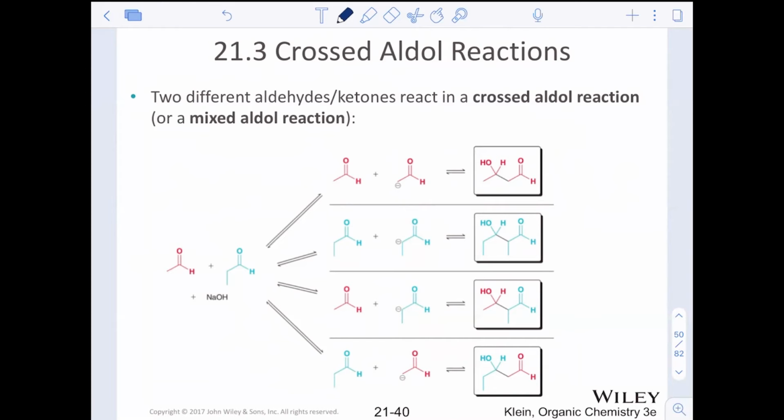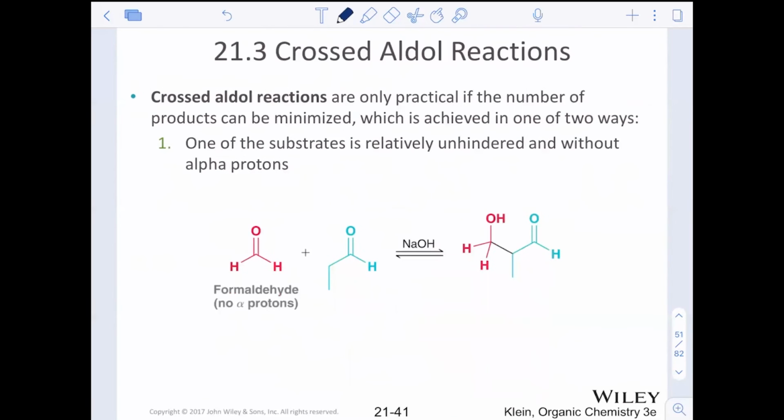When would crossed aldol reactions be helpful? Well, they're only practical if the number of products can be minimized. It's achieved in one of 2 ways. First way, if one of the reactants, the substrates, is relatively unhindered and without alpha protons. So formaldehyde is a great electrophile because it's unhindered.